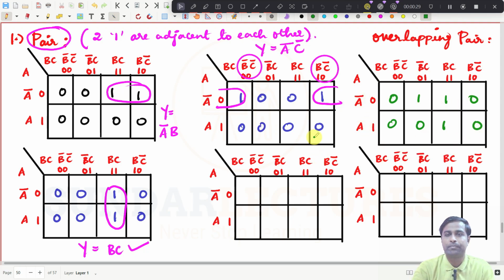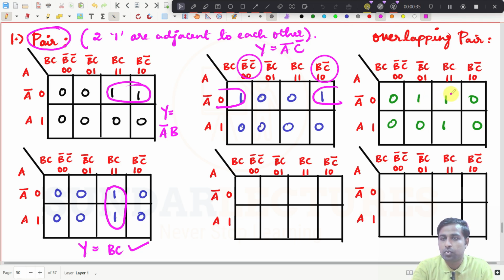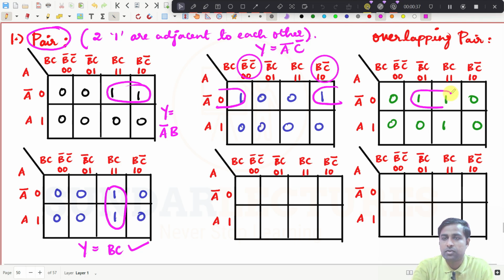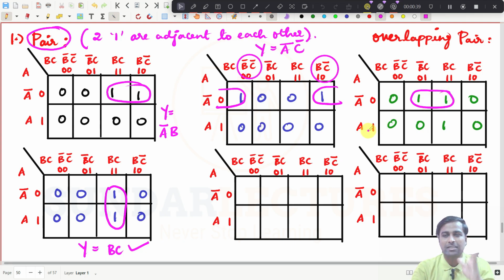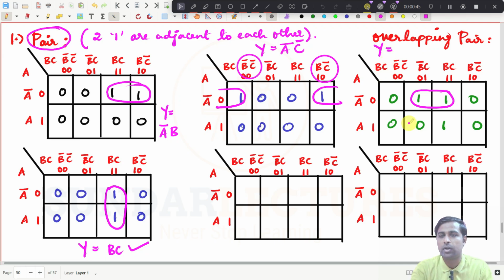Then I can easily say these two variables are adjacent to each other. So this is one pair. What I have to write here, y is equal to, I see straight into this. This is A bar, so I can write A bar straight away. And then what is the common term in these two? C is the common term. I have completed one pair.